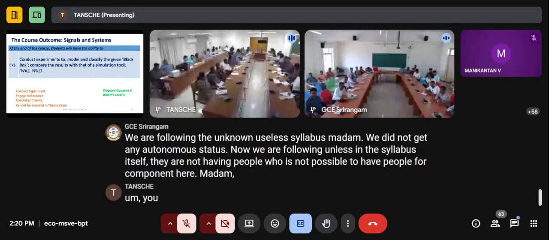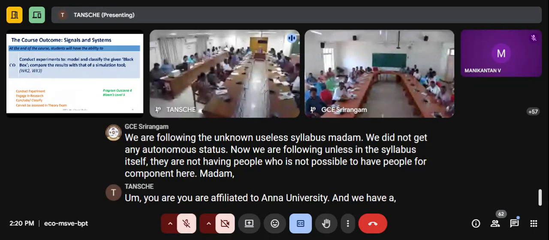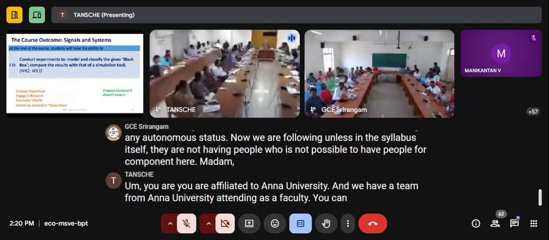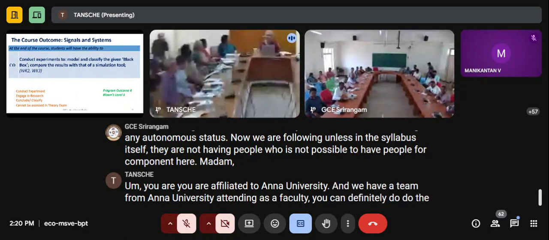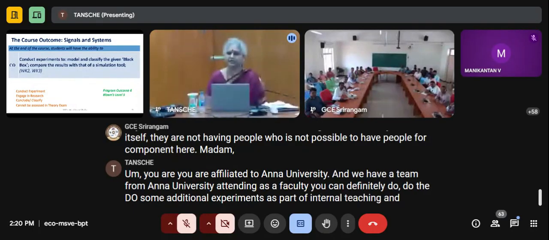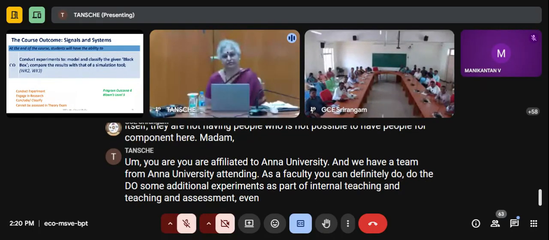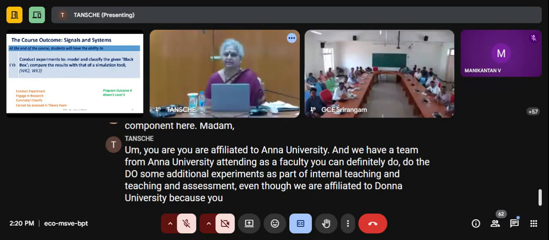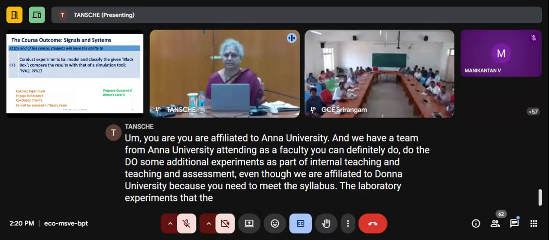You are affiliated to Anna University, and we have a team from Anna University attending. As a faculty, you can definitely do some additional experiments as part of internal teaching and assessment, even though we are affiliated to Anna University, because you need to cover the laboratory experiments that the university has recommended.